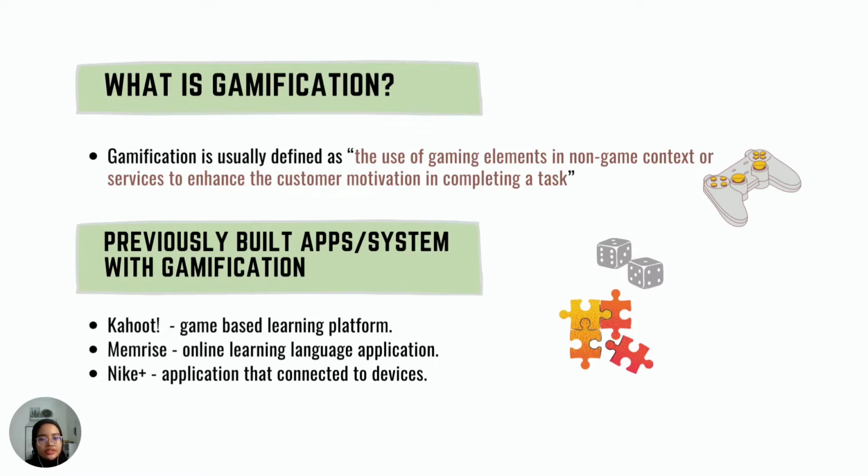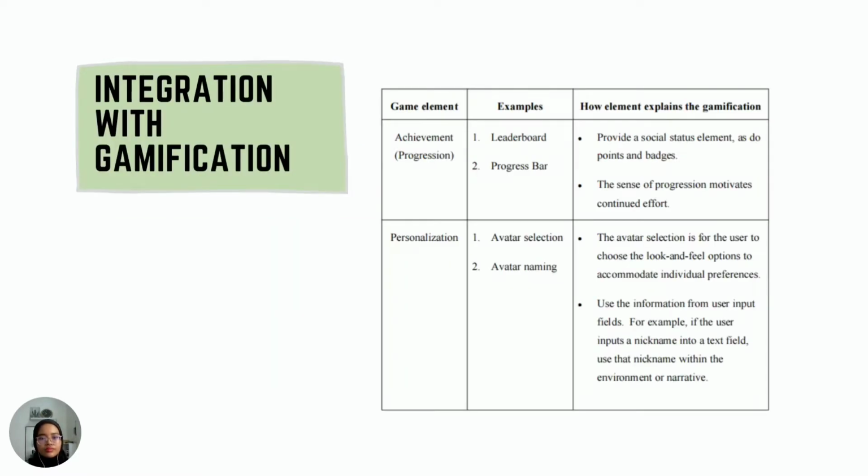It is an application that connects to devices. So here are the gamification elements used in this system. There are 4 gamification elements included: the leaderboard, progress bar, avatar selection, and avatar naming.